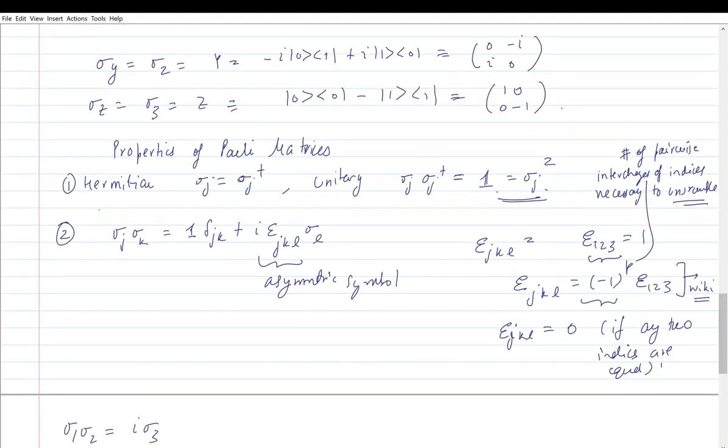Okay, so what does that mean? Well, that just means that sigma 1, sigma 2 would come out to be iota sigma 3. Remember this expression.